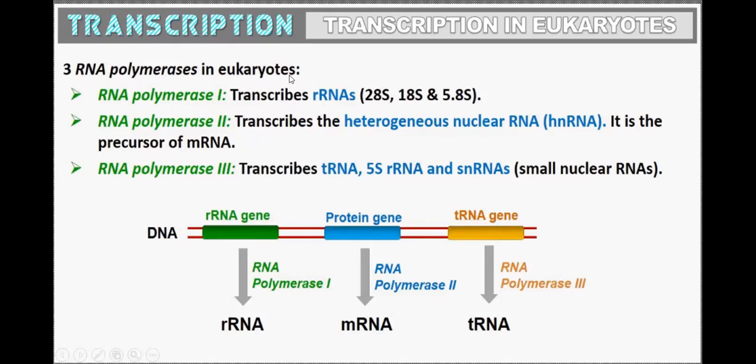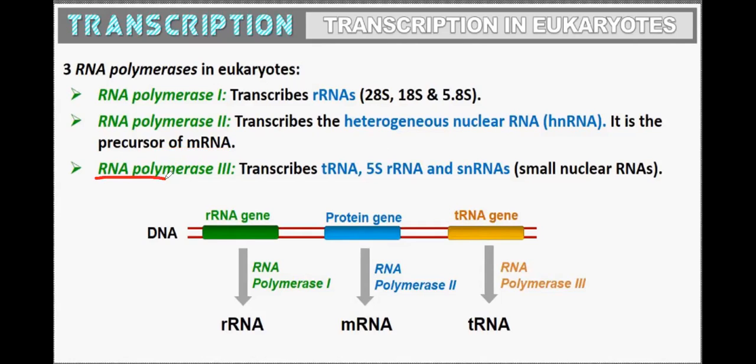Three RNA polymerases in eukaryotes. RNA polymerase I transcribes ribosomal RNA, that is 28S, 18S, and 5.8S. RNA polymerase II transcribes the heterogeneous nuclear RNA, hnRNA, the precursor of messenger RNA.